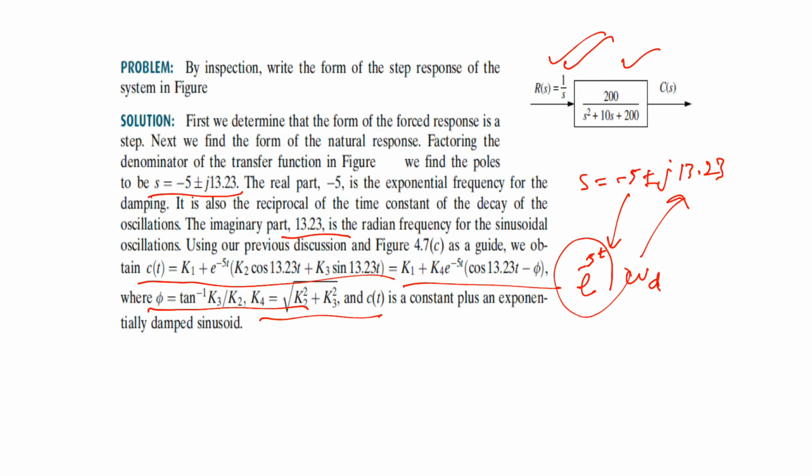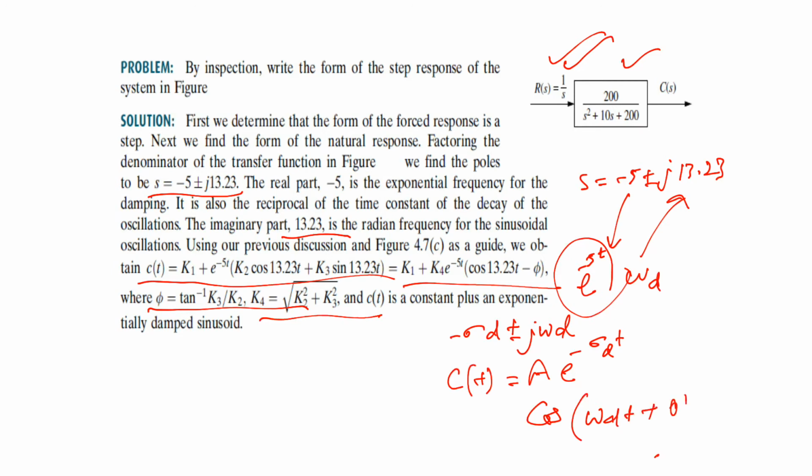Now from this we conclude that if we have complex poles given by minus sigma d plus minus j omega d, having a real part and an imaginary part, then the natural response can be written as c(t) equals A e to the minus sigma d t times cos of omega d t plus phi.